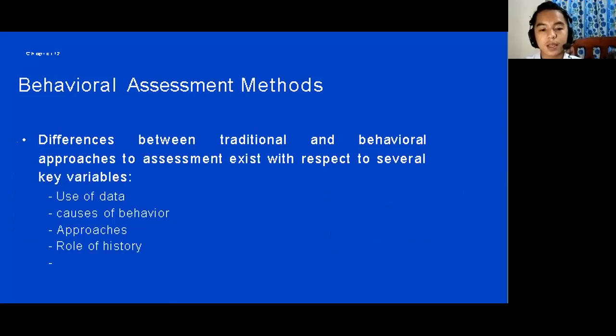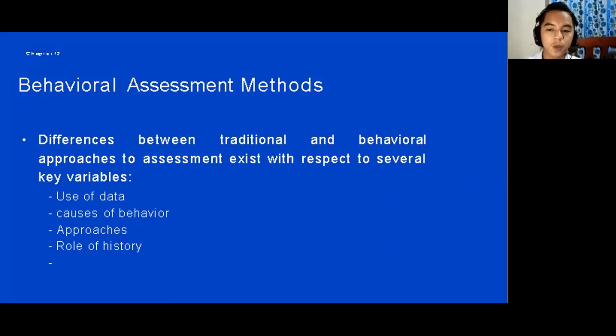The difference between the traditional and behavioral approaches to assessment exists with respect to several variables. First is the use of the data, then the causes of behavior, the approaches, and the role of history.